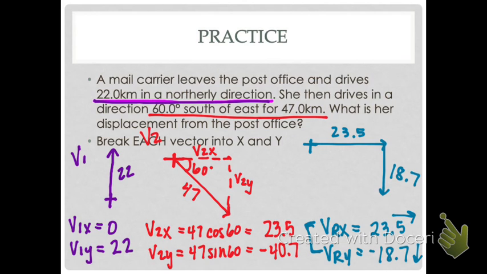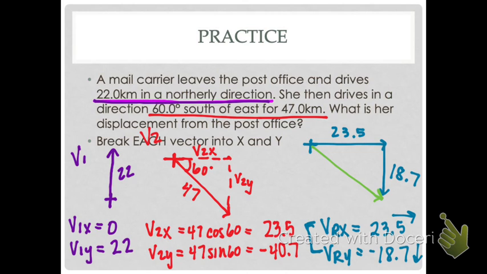We don't have to include the negative on the triangle because the negative just told us what direction to draw it. So we don't include the negative when we do the math right here. But now this is our resultant vector. This is telling us how far she is from where she started.